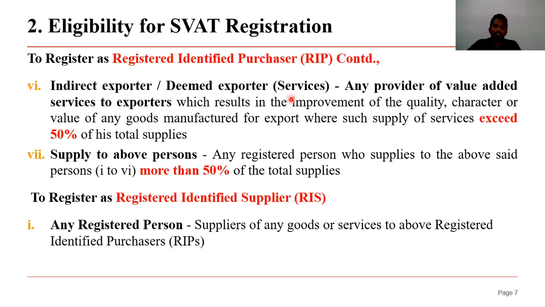Then they are also eligible for the SVAT scheme. Then finally, the 7, the supply to the above persons. Any person supplying to the above persons, if the supply is more than 50%, is also eligible to register for SVAT.